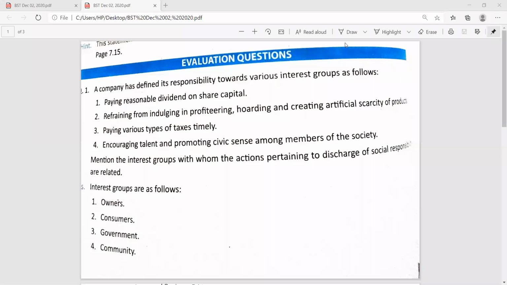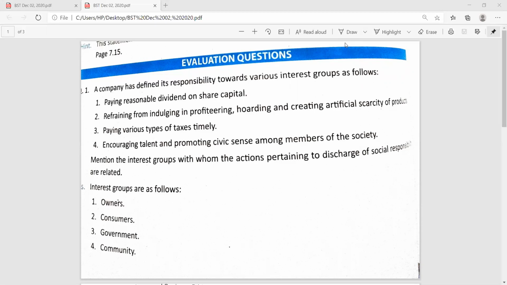So I humbly request, as well as instruct, every student to make sure the basic concept is clear first, which makes you able to give the absolutely correct answer if you find this type of question in the paper, because there are more chances of finding this type of question, instead of a case study from this chapter or a straightforward question. The chances are more that you may have an evaluation based question. So it is given over here.